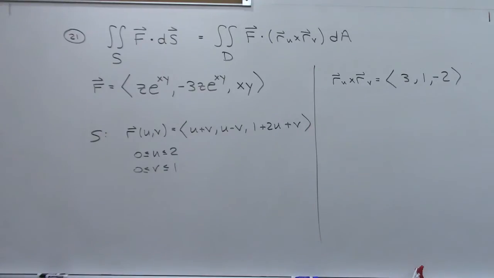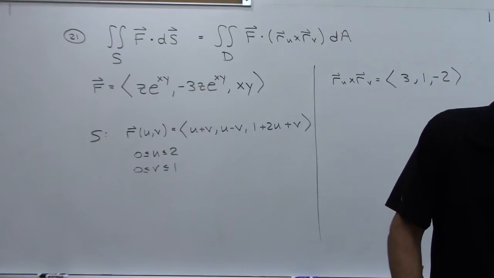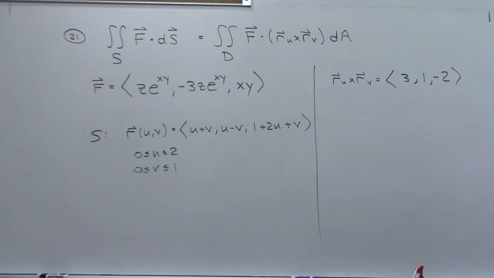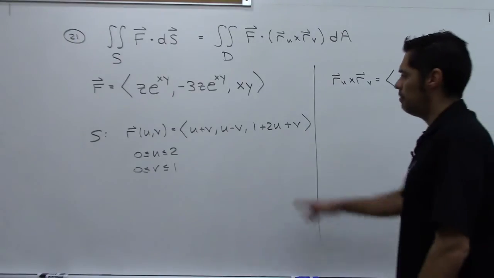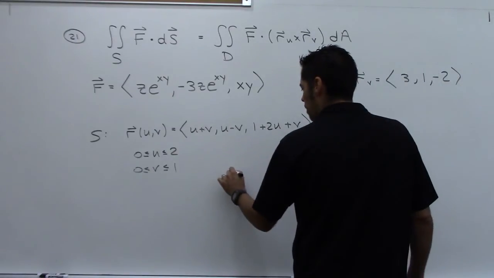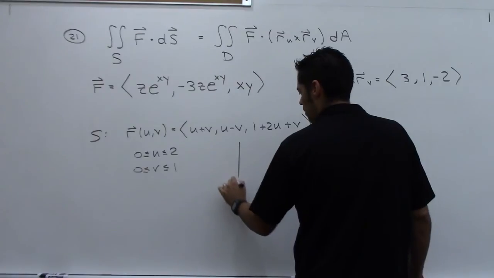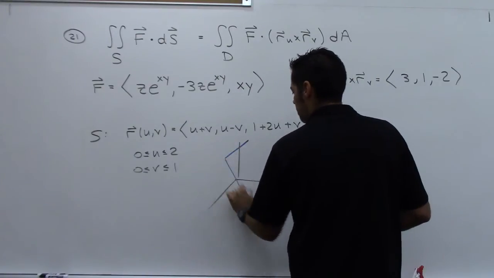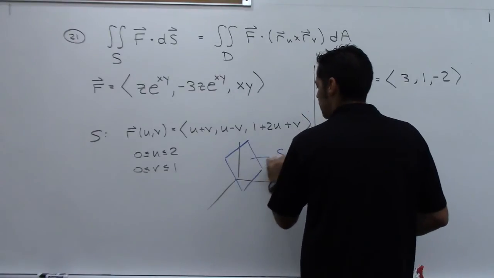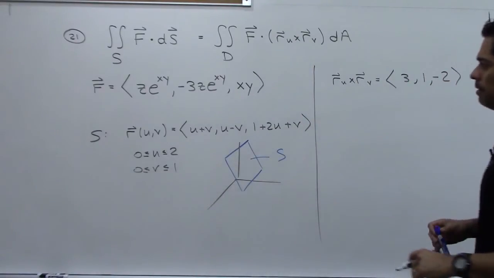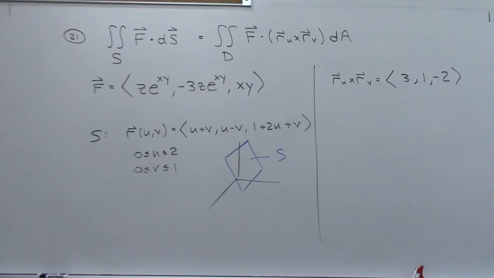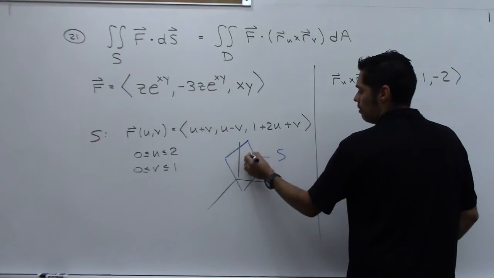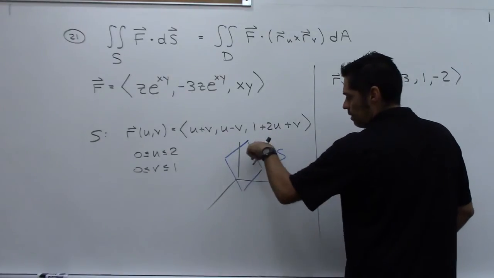Now, here they say that they want the upward orientation for the parallelogram. So we have this parallelogram three-dimensionally, whatever it looks like in three-dimensional space. That's our S, and we want our normal vectors to be pointed upward. So we don't want them going into the parallelogram and down.